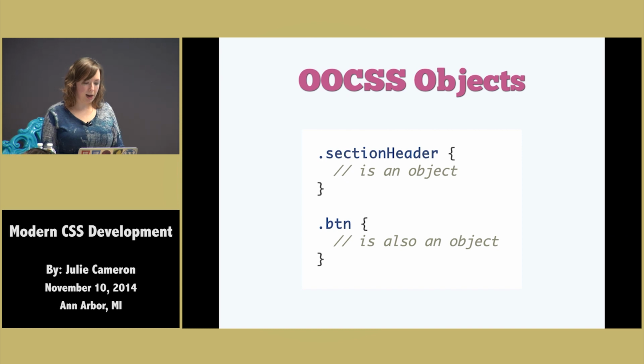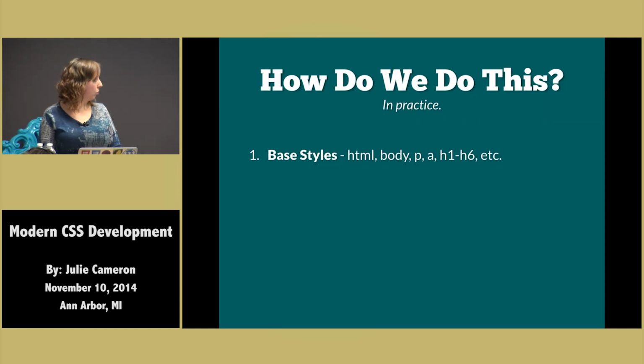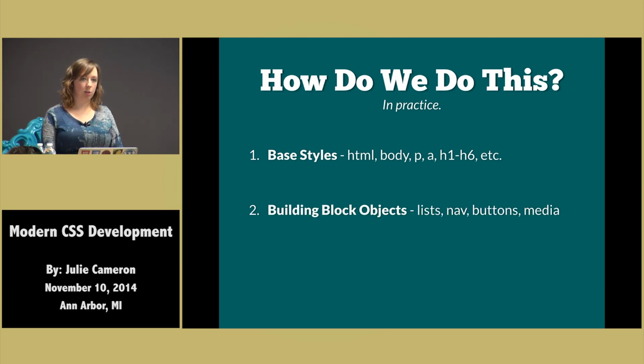So let's take a step back and look at how we might start building one of these modular systems from scratch. The first thing you would want to do is start with your base style. Start with your default elements, your CSS resets, how you generally want things to look always. From there, you would start building out your building block objects, things like lists, navs, buttons, media objects.